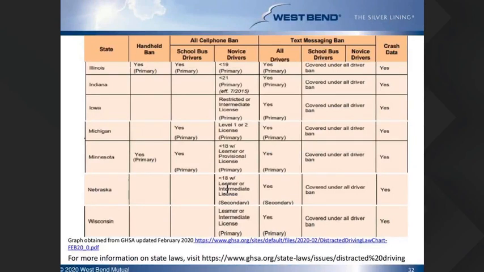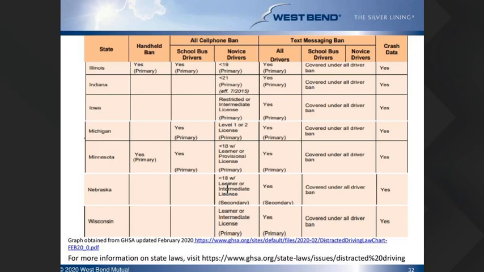So for some of our core states that we do write business with, I put together just a quick graph here of some of our core states. But the additional information can be obtained from the GHSA, and that web link is listed below here.